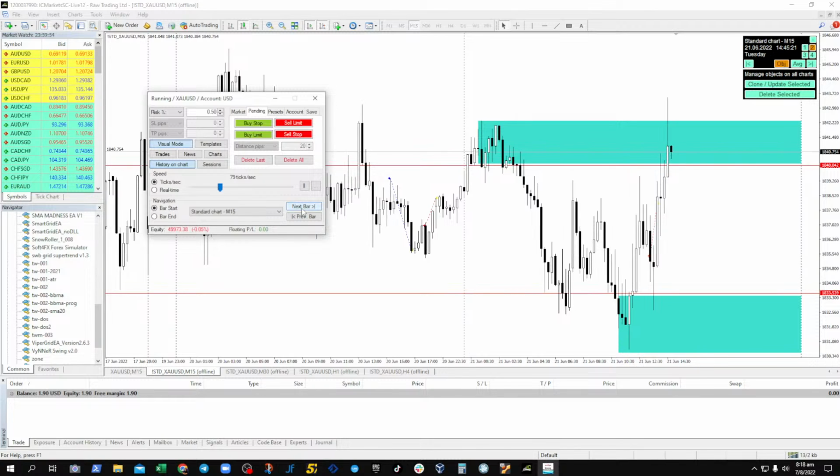Okay, so price broke above that zone but did not close above. So the bearish move is still in play. We need to see how this candle closes.